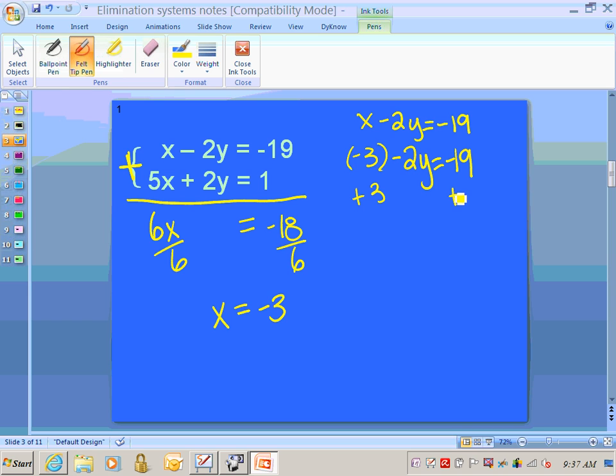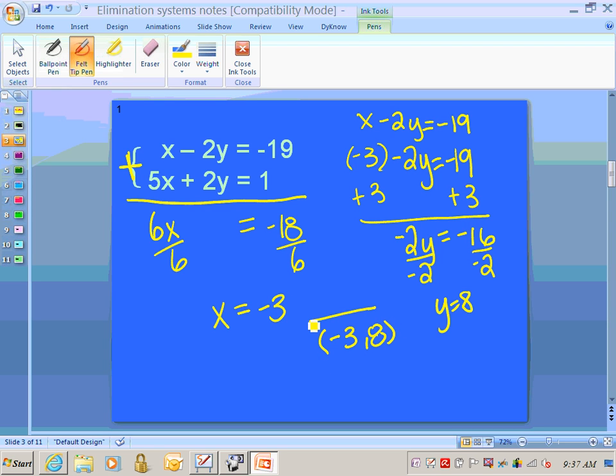Add 3 to both sides. Negative 2y equals negative 16, and then divide by negative 2. So y equals? Okay, is this an all real numbers, no solution, or one solution? How many? One solution. And what's the solution? Negative 3, 8. Perfect. Pretty simple?